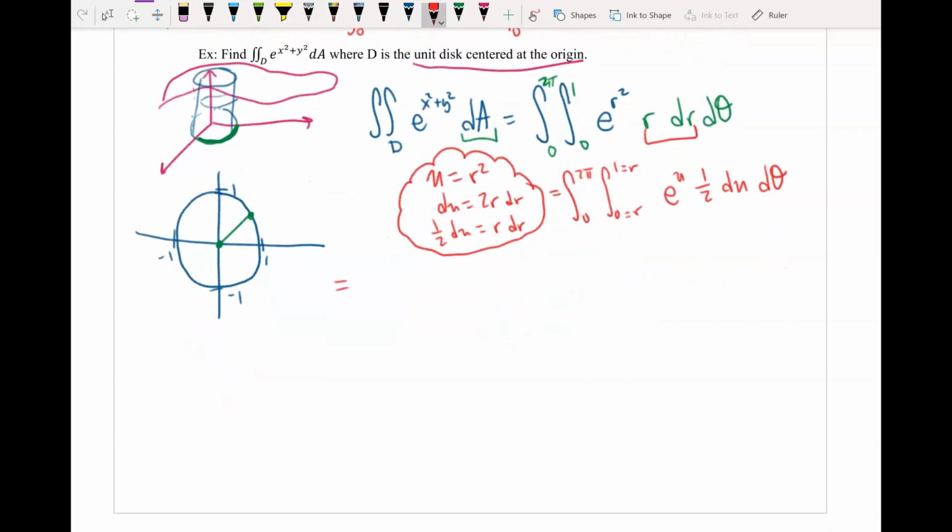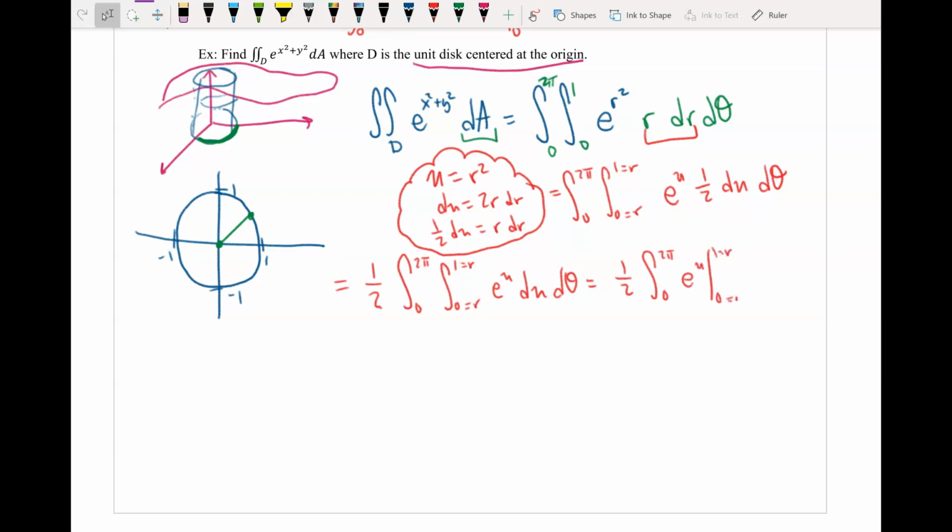So I'm just going to have the double integral. I'm going to pull out the 1/2 actually. The integral from 0 to 2 pi, integral from 0 to 1, and these limits belong to r. We've got e to the u du d theta. So the integral of e to the u is just e to the u, so this stays the same.